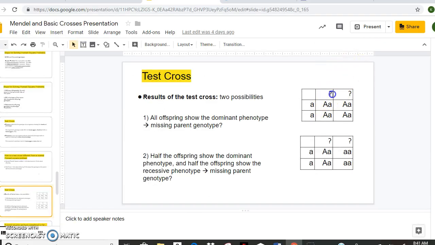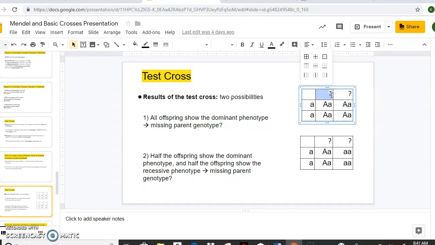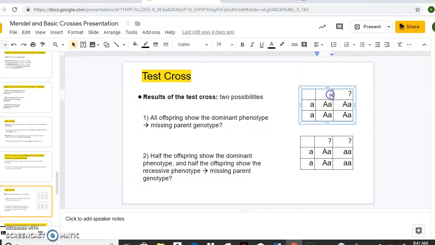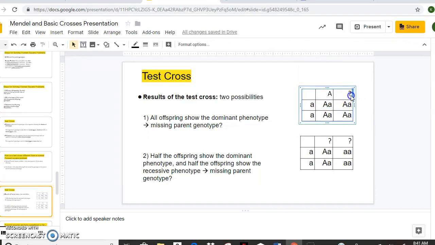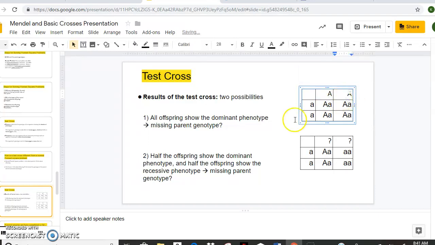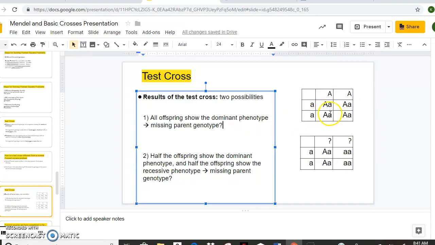So let me go ahead and fill that in. And notice how that will result in all of the offspring showing the dominant phenotype because they're all heterozygous for the trait. So in this case, the missing parent genotype was big A, big A.